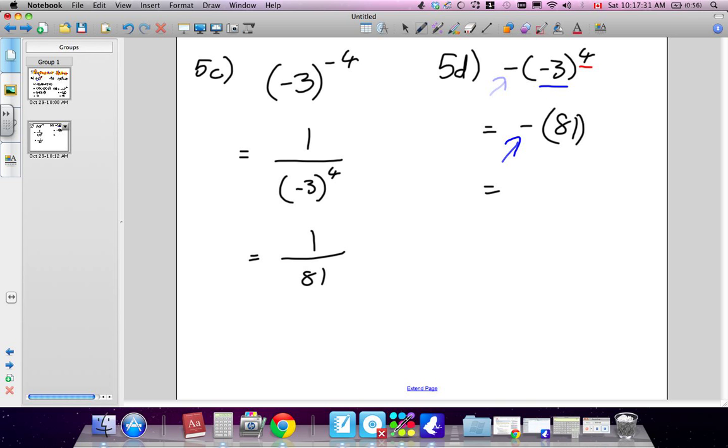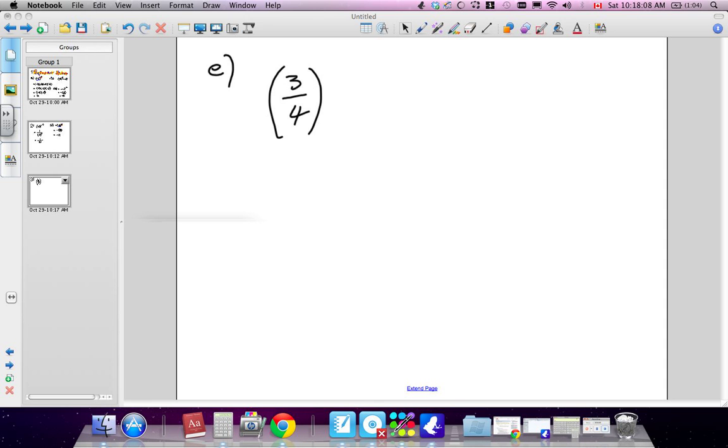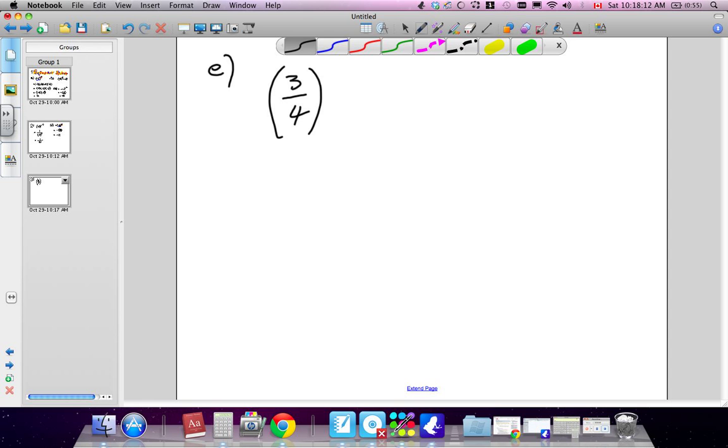Next question, 5e says, our base is a fraction, 3 over 4, to the power of 2. What we need to do here is, this is essentially saying I multiply this base by itself twice, right? So I'm going to rewrite this out. I'm going to get 3 over 4 times 3 over 4.